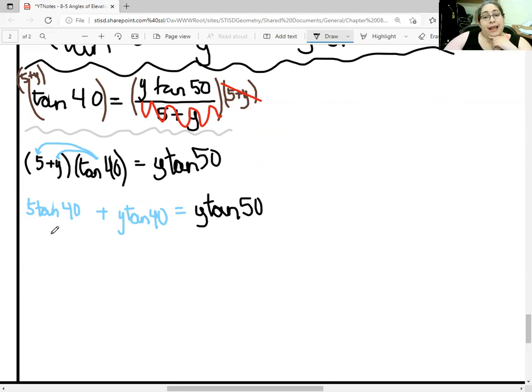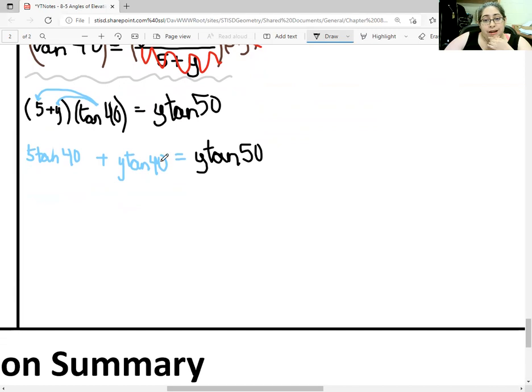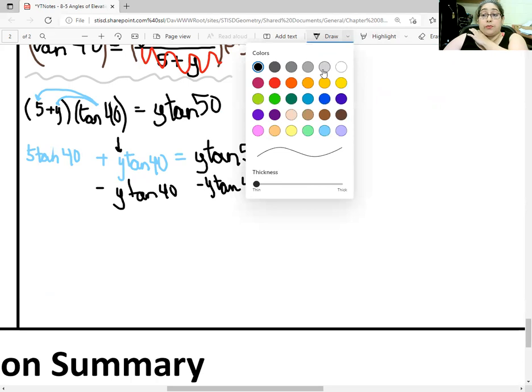All right, looking at my situation here, I notice y appears on both sides of the equation. So I'm going to remove the term that has the y on the left-hand side. I'm going to subtract y times the tangent of 40, and I'm going to subtract that on the other side so that I have a minus y times the tangent of 40 on the right-hand side.